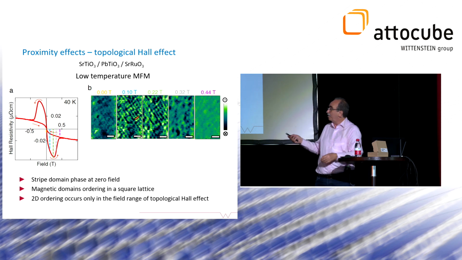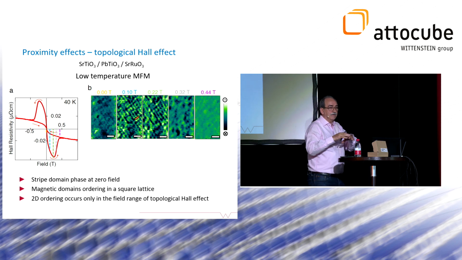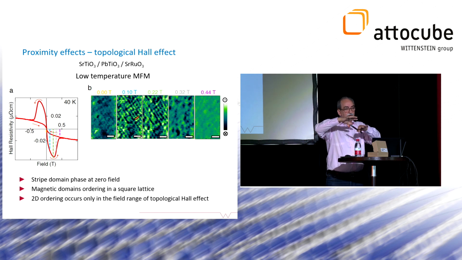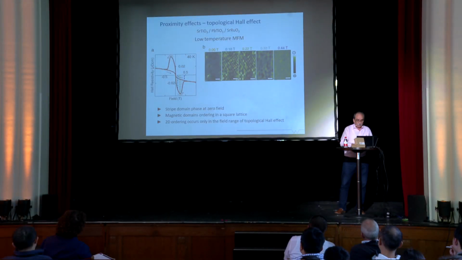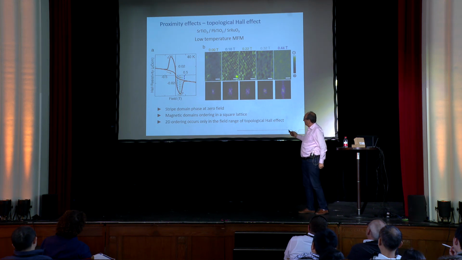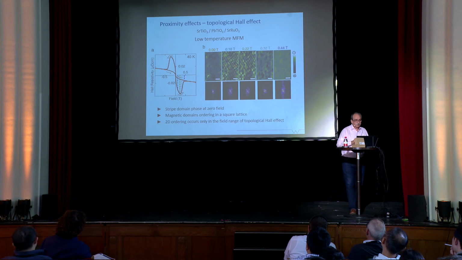But in between, we have a very interesting structure of the magnetic domains. They start arranging themselves in a very specific pattern when we have two periodicities. We can analyze this a little more with a Fourier transform of these images.